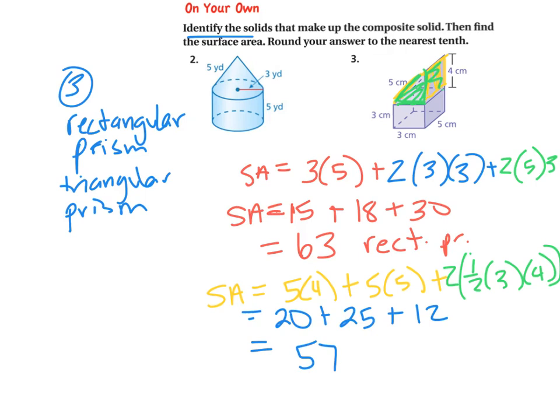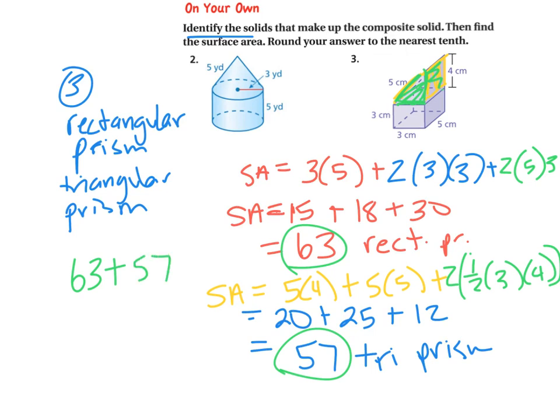So that is the area of the triangular prism. Right? So now to get our total shape, we need to add the triangular prism to the rectangular prism. So we have 63 plus 57 to equal 120 centimeters squared.